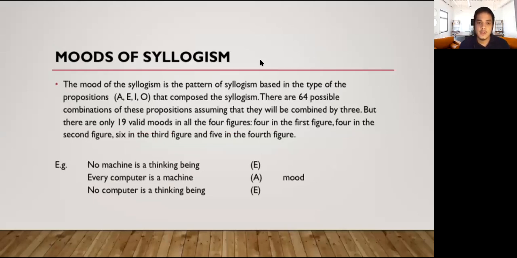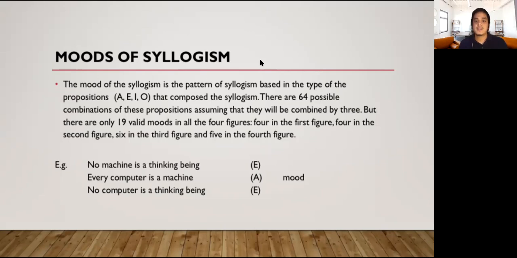The mood of syllogism is the pattern of syllogism based on the types of propositions A, E, I, O. Remember, we have classified the propositions into four types: A, universal affirmative; E, universal negative; I, particular affirmative; and O, particular negative.